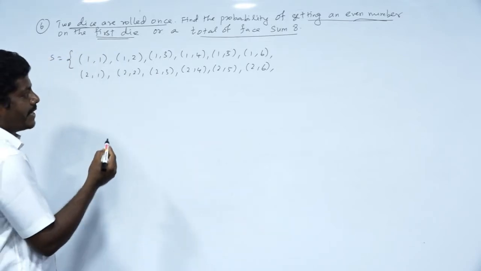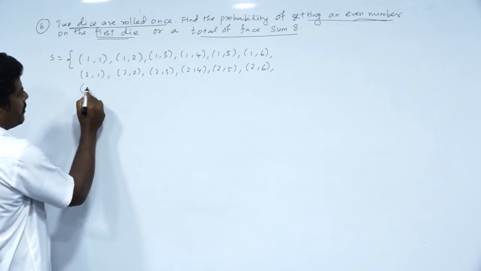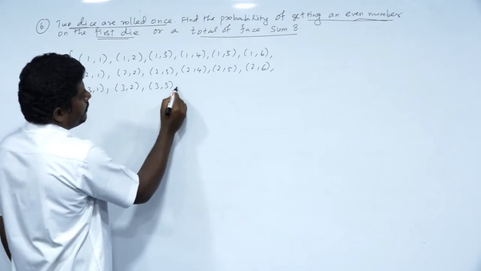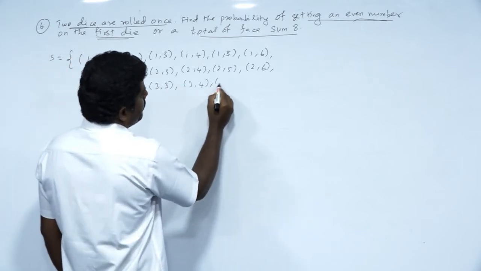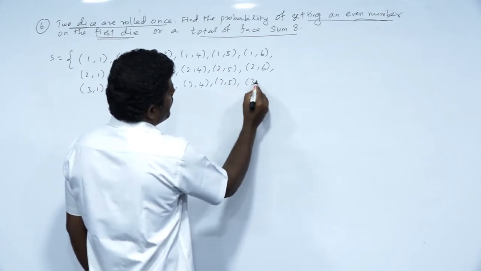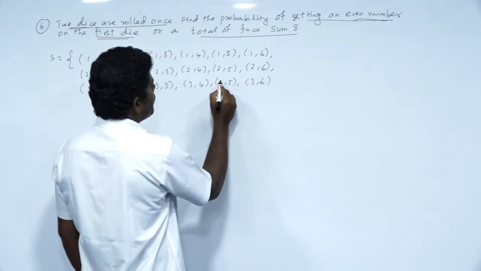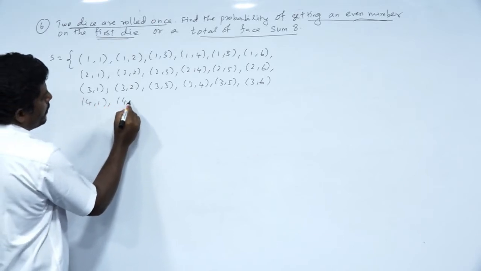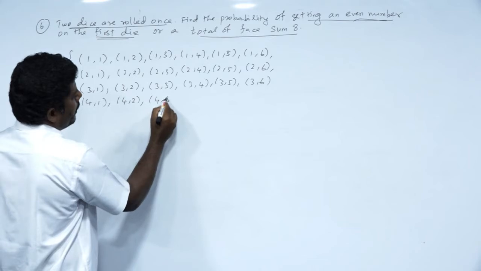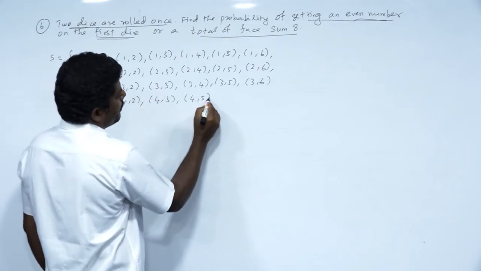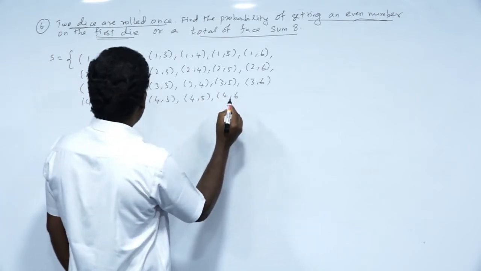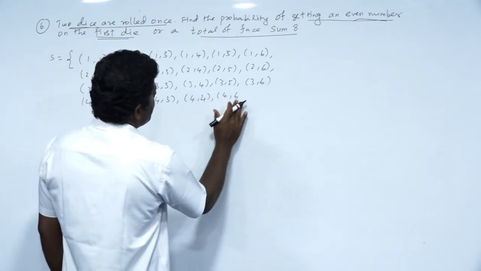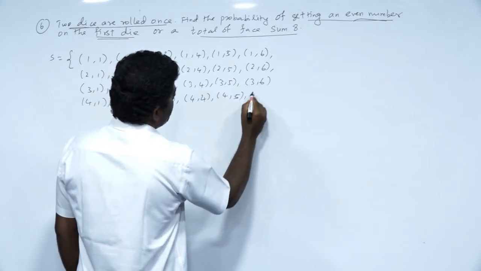Already you know that. That is why I am writing 3,1; 3,2; 3,3; 3,4; 3,5; 3,6. Next 4,1; 4,2; 4,3; 4,4; 4,5; 4,6.